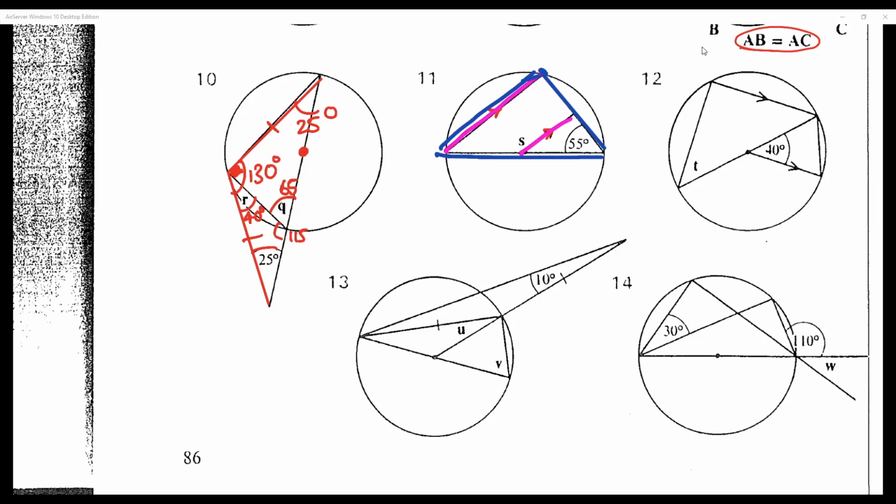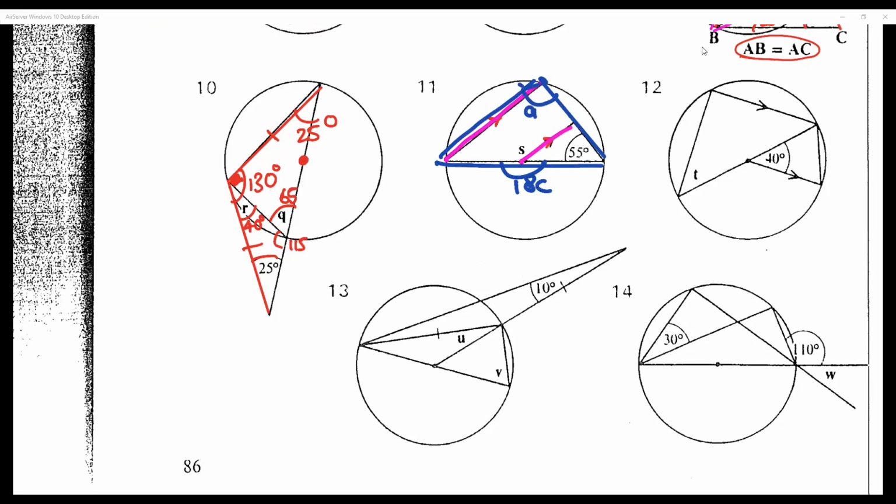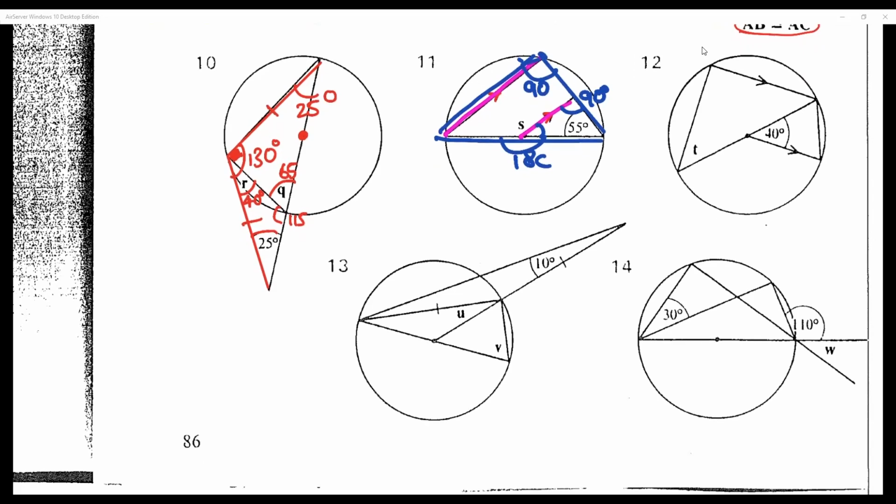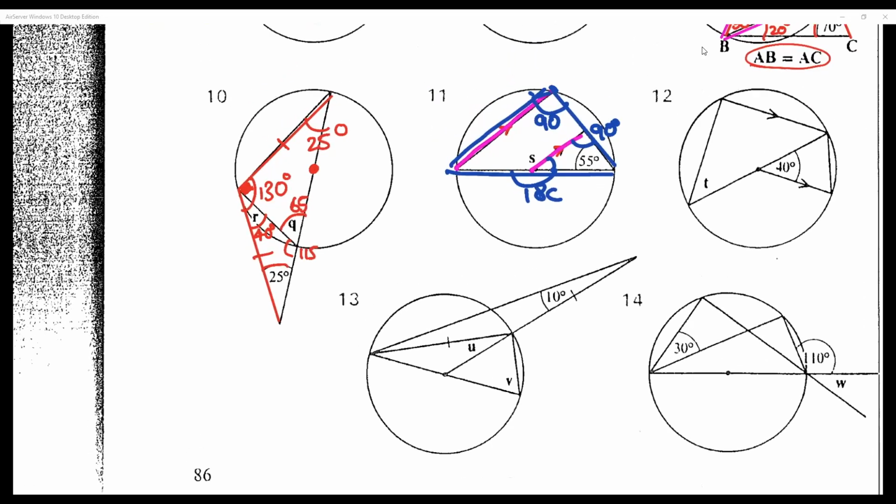This triangle is 180. This one here will be 90, and that one will also be, and this one will then be 35, 45. And then this one will be 35. Sorted.